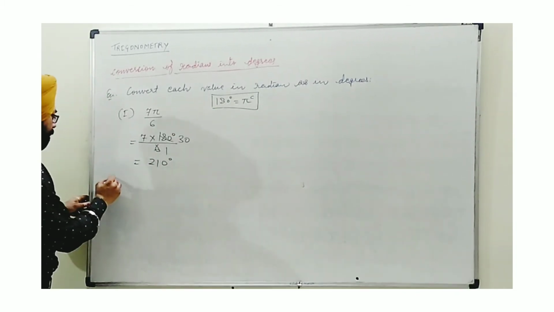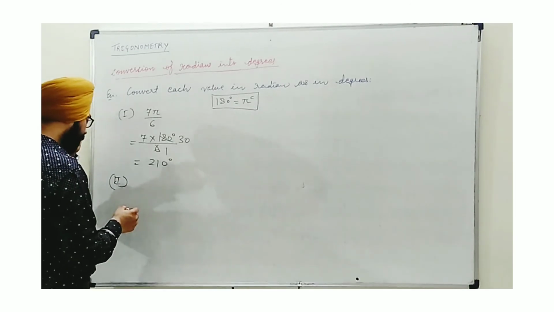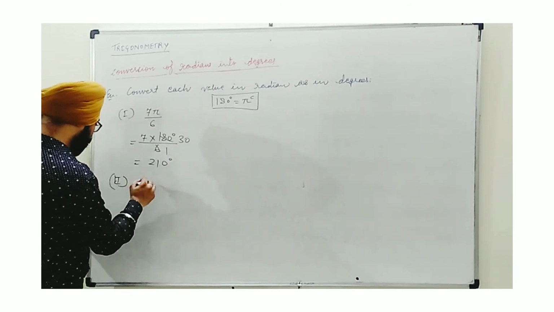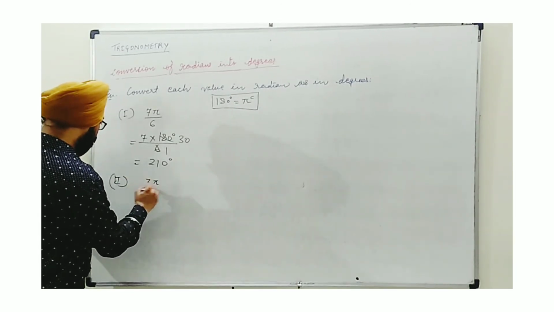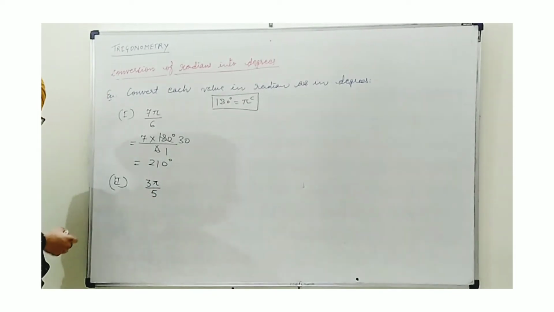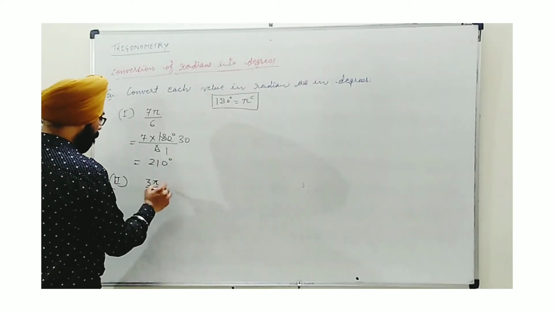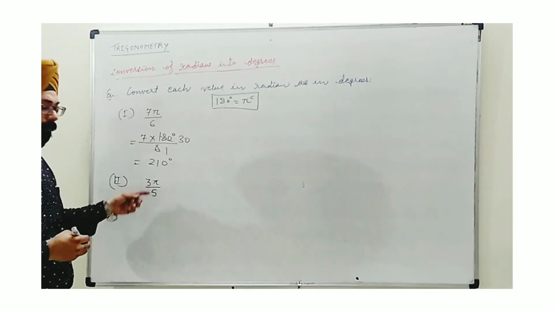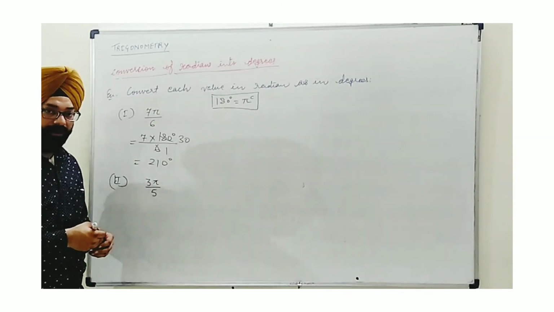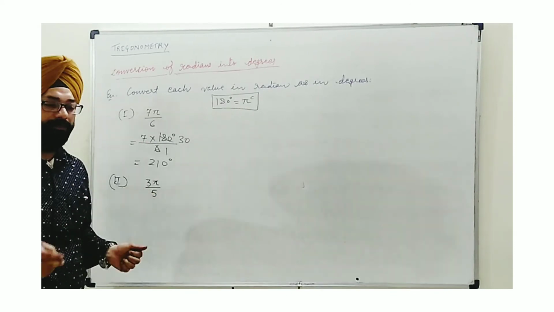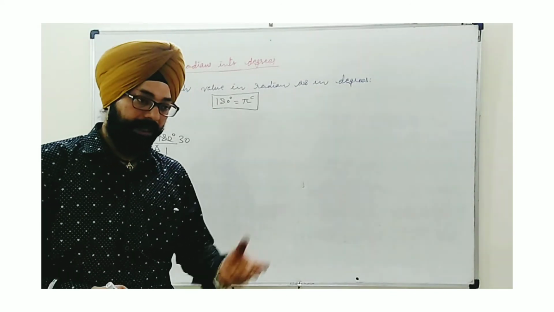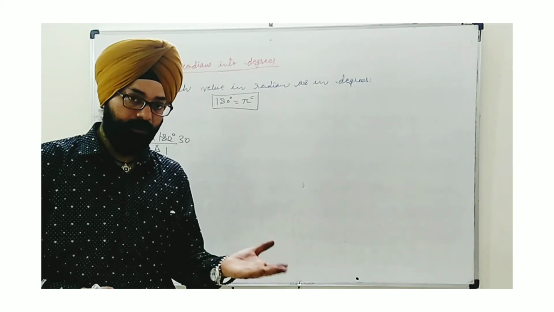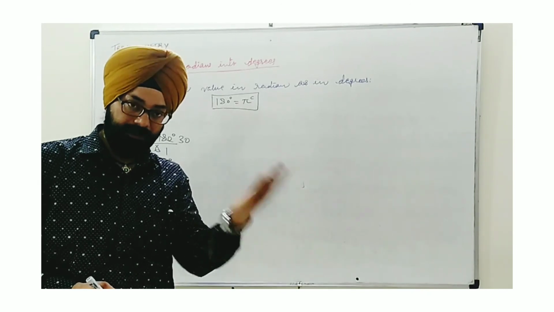Not only this, any value, suppose you are given 3 pi by 5, we need to convert in degree. And one point to be noted here, I am not putting the symbol for radian. Reason, as I said, whenever you are given some angle in terms of pi, it is understood, taken, that it is in terms of radian.